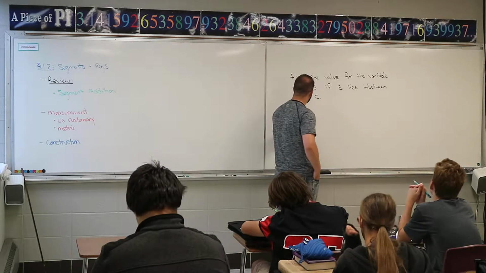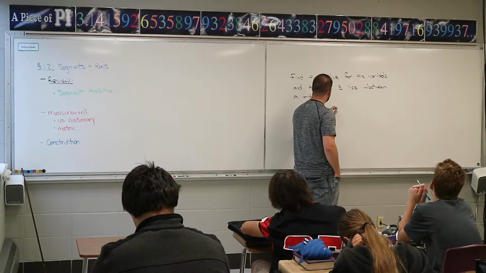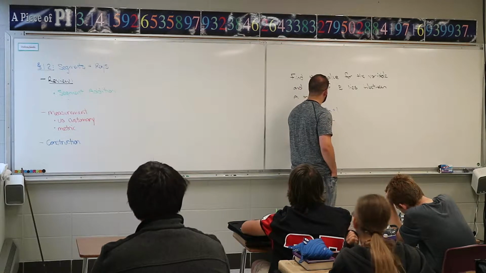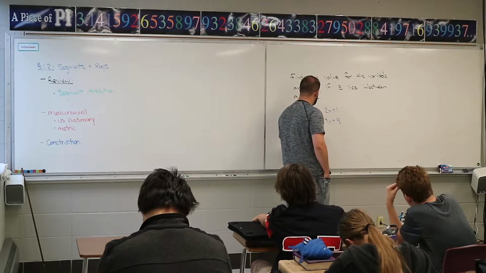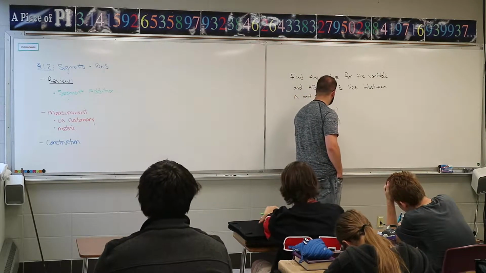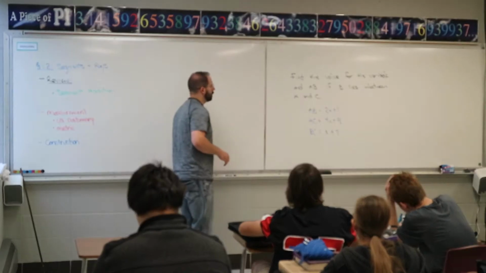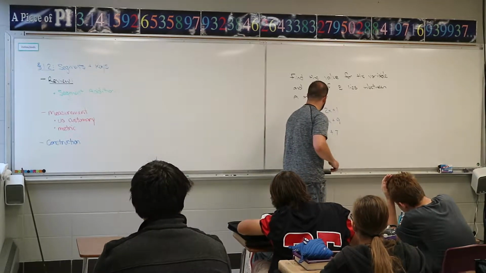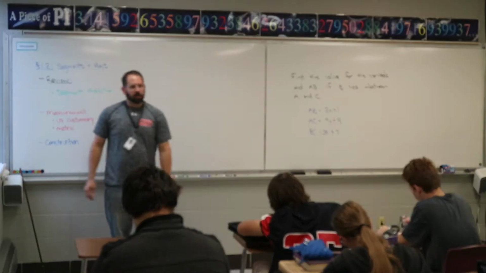Here's what you get. AB is 2x plus 1. AC is 4x plus 9, and BC is x plus 7. Let's see, is it right? No, we need a 3. Okay, let's write that down.